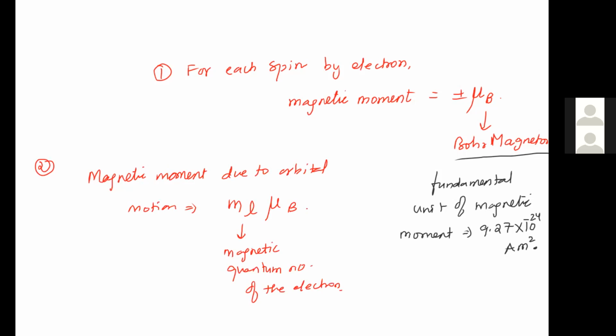So, like this, we have so much under magnetic. We have dia, para, ferro, antiferro, ferri, so many magnetics.